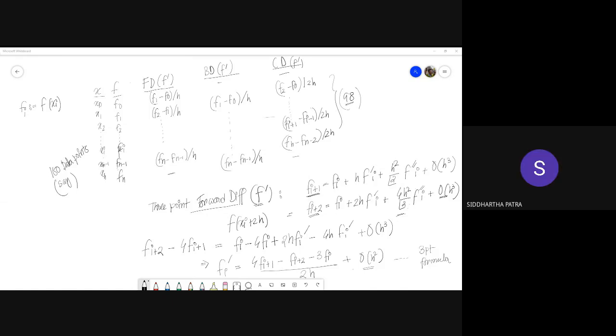And as you can also imagine, with the 3-point formula with forward difference, you will have to stop 2 places before the total number of data points that there are. If there are 100 data points, you will probably have to stop 2 places before that. So at the 98th data point is where you are supposed to stop.